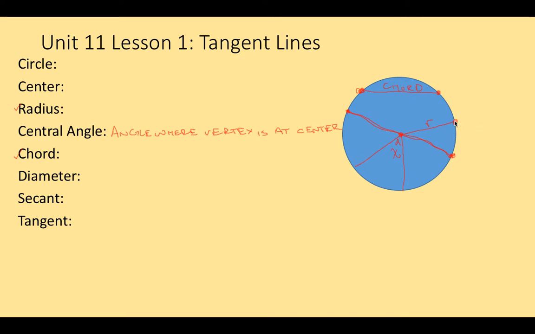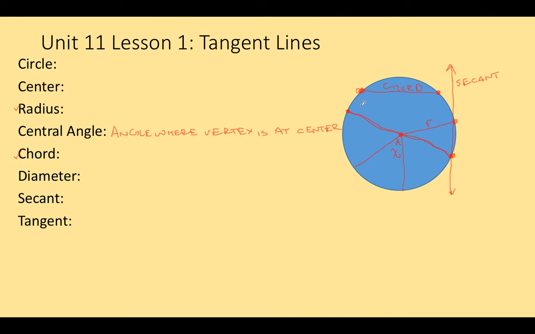So a secant line is very similar to a chord, except that instead of being a segment that has a beginning and an end, a secant line is a line rather than a line segment. It goes on forever and ever, but it does touch in two spots.